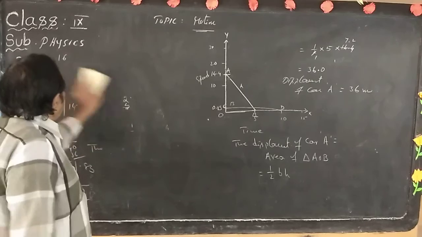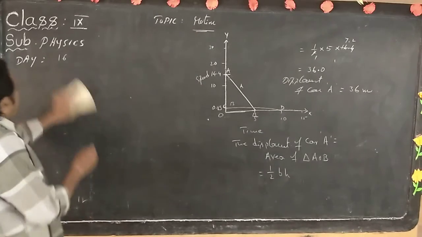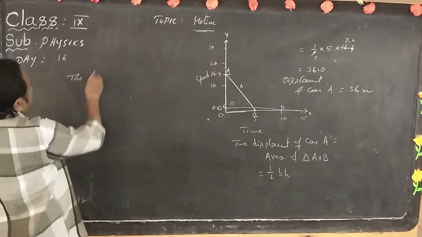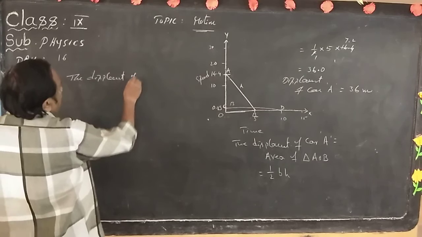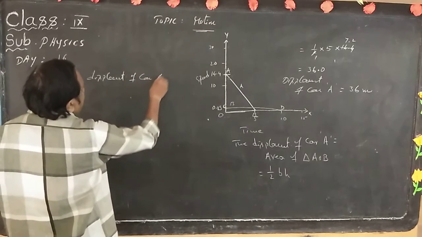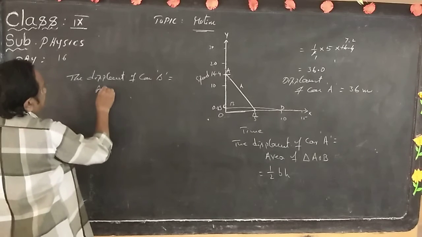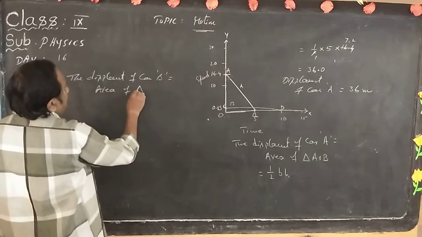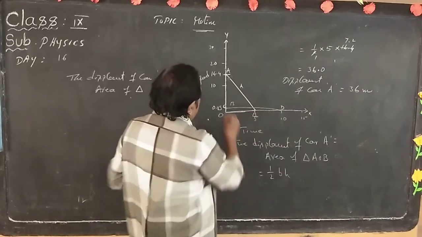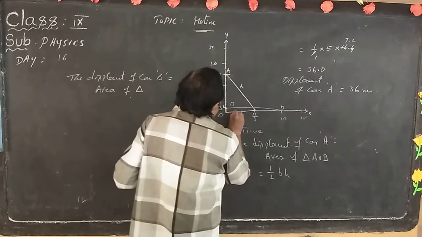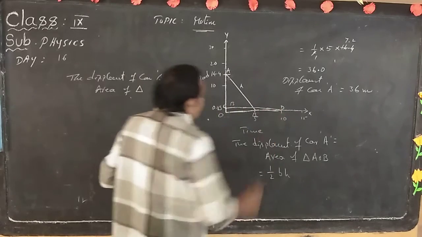Similarly, the second car also to be calculated in the same manner. So the displacement of car B is equal to the area of triangle COD. This triangle, this one COD.